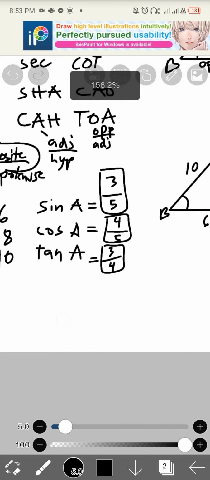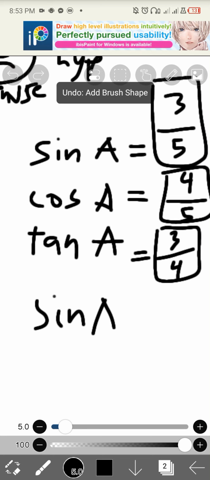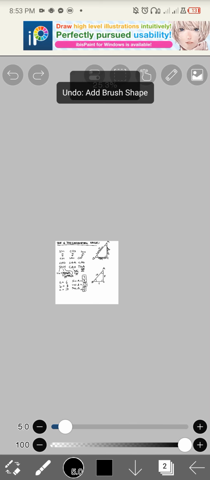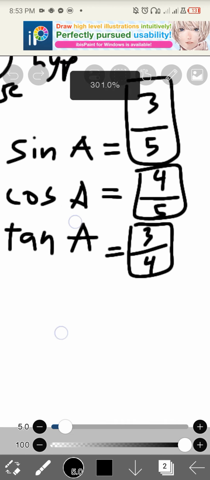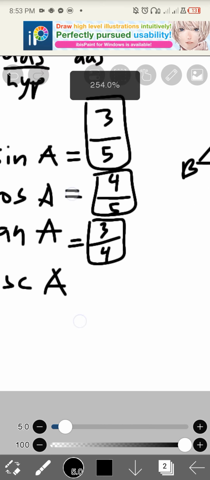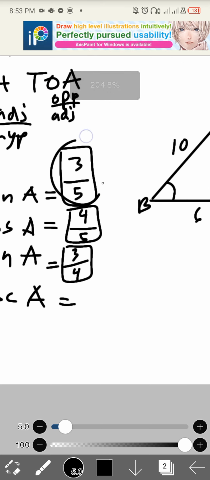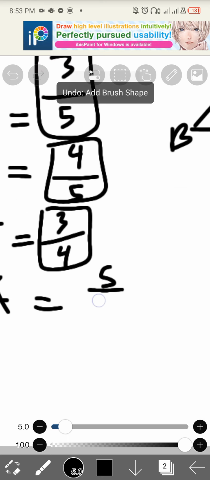So, applying this, for cosecant A we take 3 over 5 and flip it, so it becomes 5 over 3.